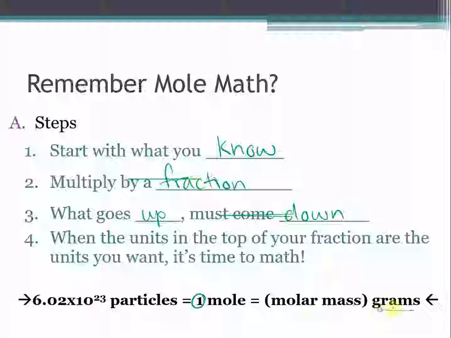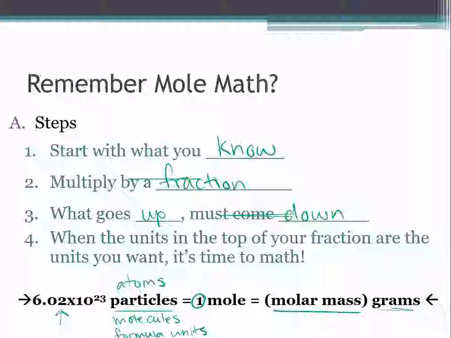Anytime you're filling in a number of grams, it will be the molar mass, number of grams. Sometimes you'll have to calculate that, like when it's a compound, you'll have to add up all of the atoms to find your molar mass. And when you're talking about particles, you're going to use Avogadro's number. But again, particles can mean atoms, right? It used to mean atoms and it could still mean atoms, but now it might also mean molecules if you're starting with a covalent compound, or it could mean formula units if you're starting with an ionic compound. It's just going to depend based on the problem how you use this number.